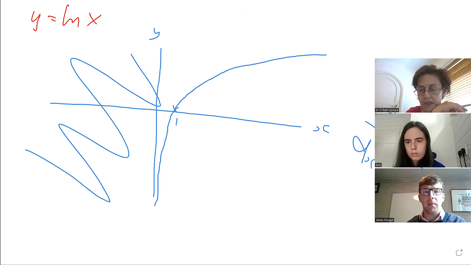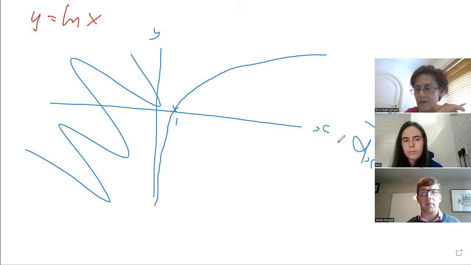And as x tends to infinity, ln x tends to positive infinity as well. Why does it? Oh, yeah.